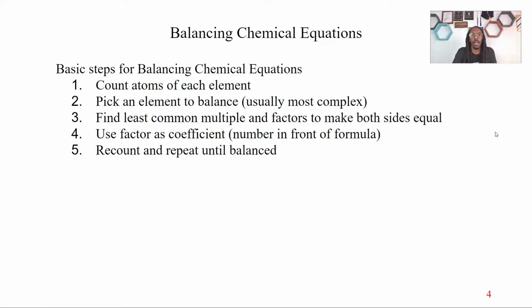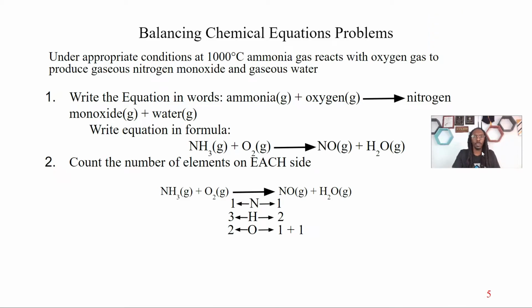So let's look at an example. Under 1,000 degrees Celsius, I got ammonia gas reacting with oxygen gas to produce gaseous nitrogen monoxide and gaseous water. First thing we need to do is put all this in words: ammonia gas plus oxygen gas gives me nitrogen monoxide gas and water gas.